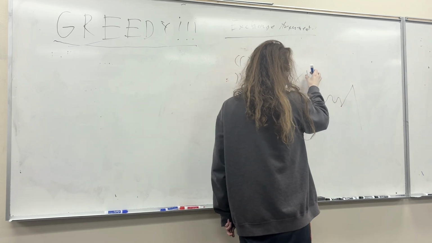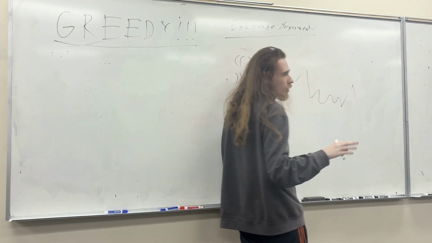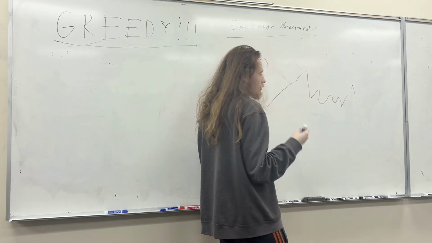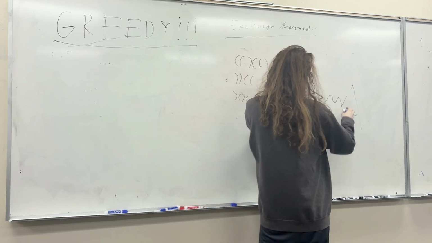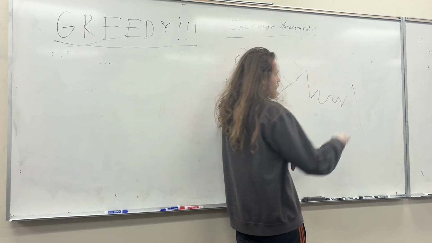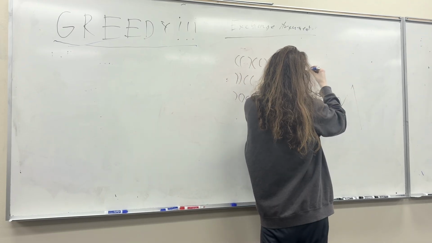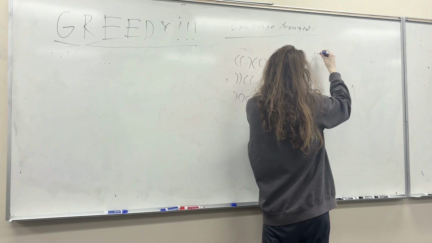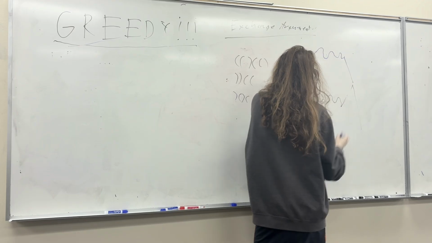We have this, we go down, followed some time later by going up. Now, is this optimal? Or can we swap these? Because if we swap these, if we put this here and this here, it turns into: we go up, and then wiggle waggle, and then we go down.